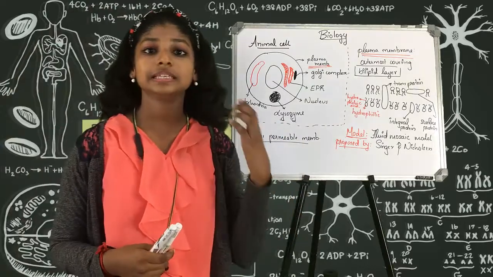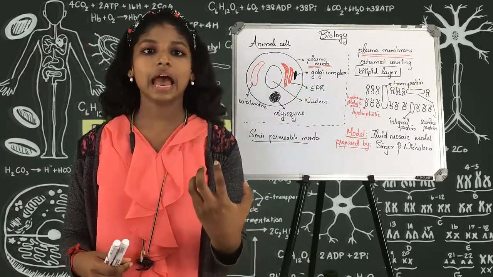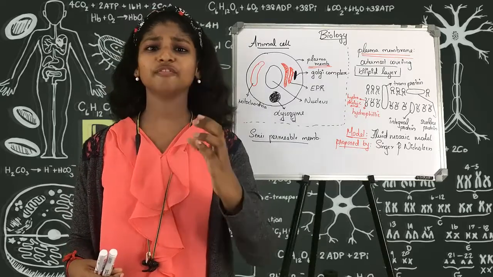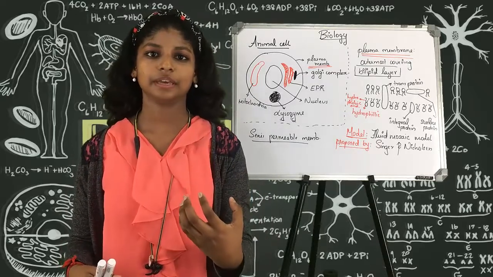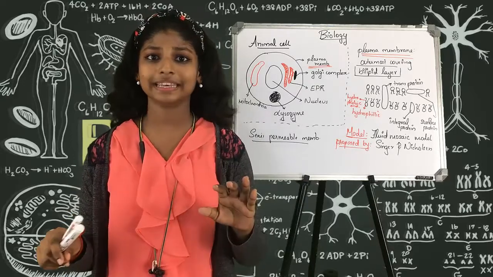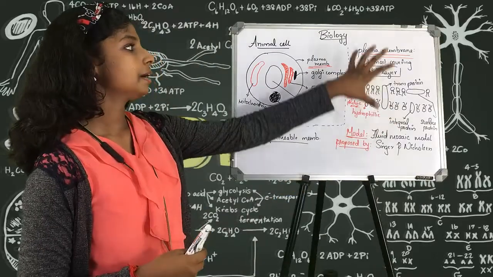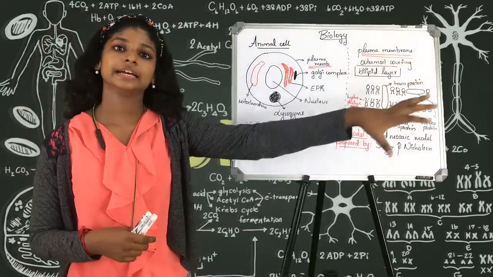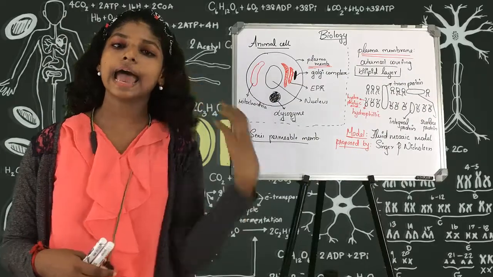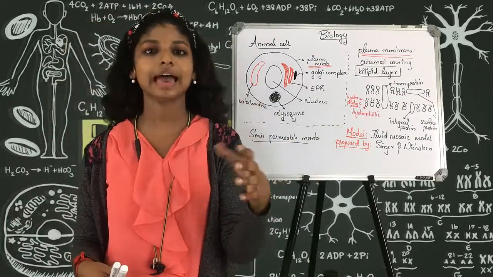And what do you mean by semi-permeable? It only allows some of the molecules to pass through them. Not all materials, some of the materials. Here, this plasma membrane is present in both animal cells and plant cells.